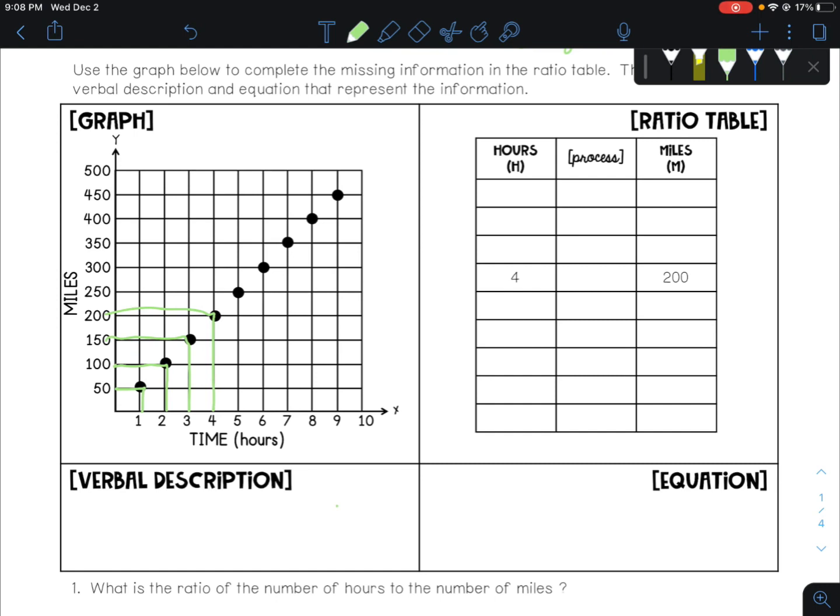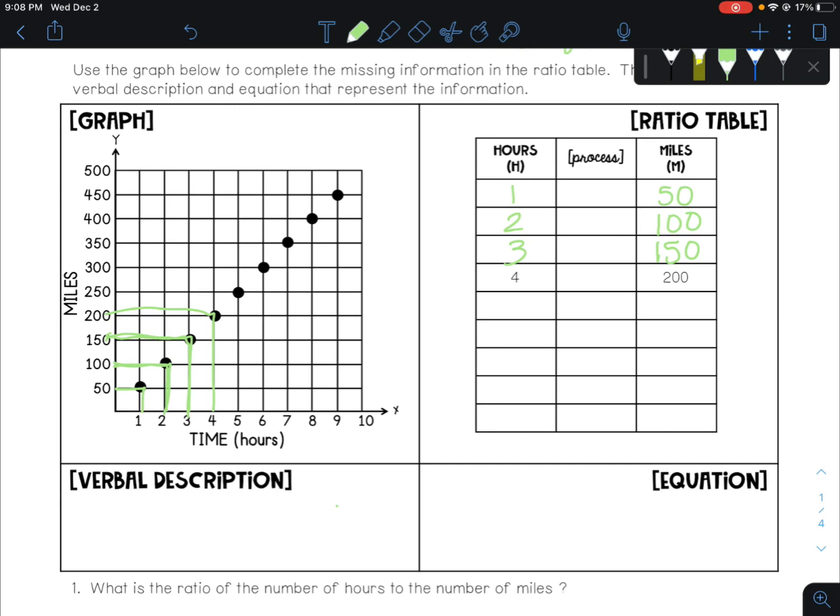And when I pop over here to my table, I see that point is in my table, 4 to 200. So basically all these points just need to be put into this table. So we're going to have 1 to 50, so 1, 50, 2 to 100, 3 to 150.